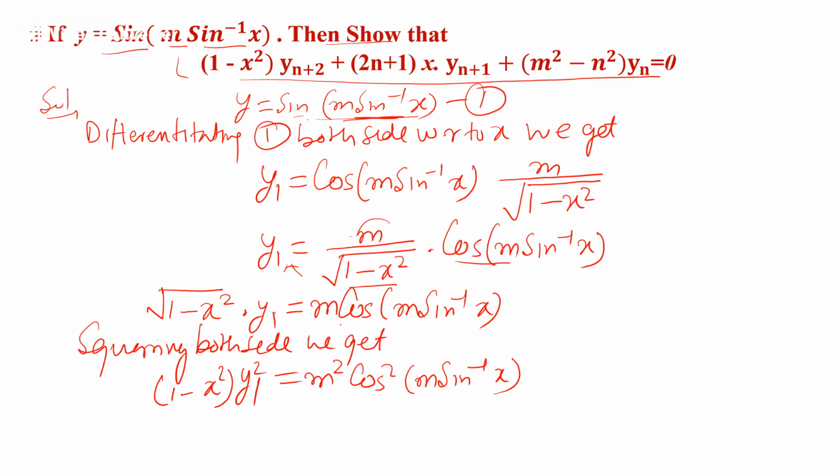Now cos square(m sin⁻¹ x), you know the formula, cos square plus sin square theta is 1. So we can write m square (1 minus sin square(m sin⁻¹ x)). Now this is y, so we write m square (1 minus y square). So the equation becomes (1 minus x square) y1 square equals m square (1 minus y square).